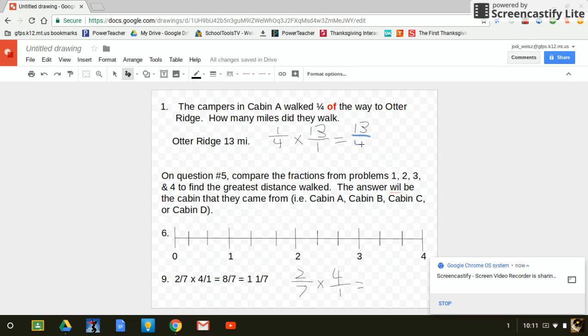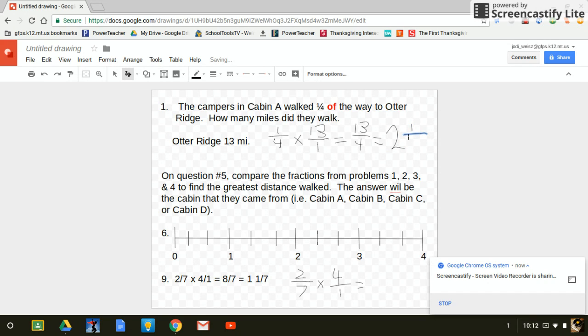And I know that I can turn this into a mixed number because this is an improper fraction. So I'm going to go 13 divided by 4. I know 4 can go into 13 2 times. I'm going to have 1 left over. 13 take away 12 is going to be 1.